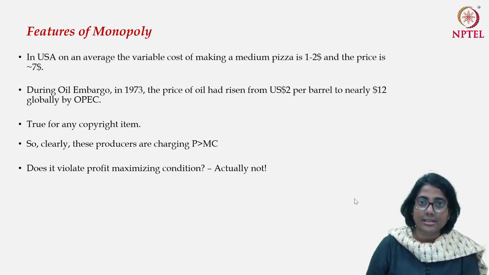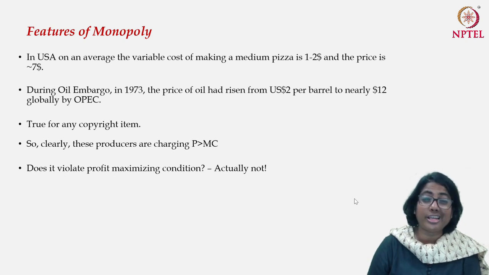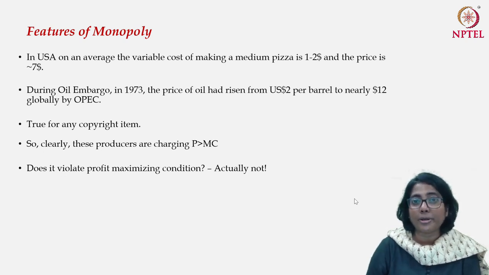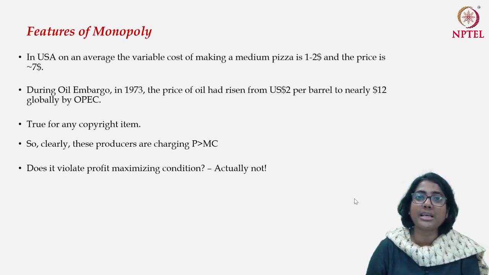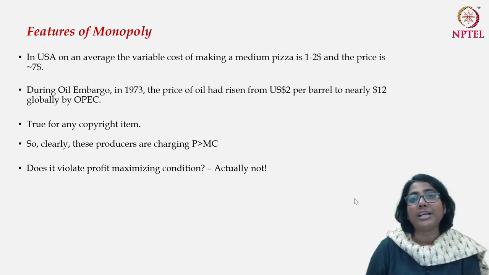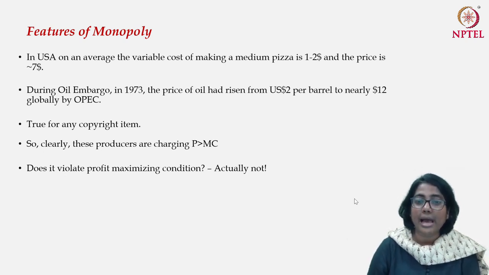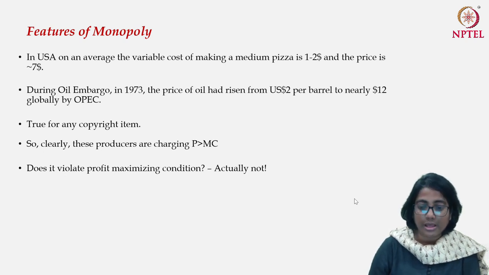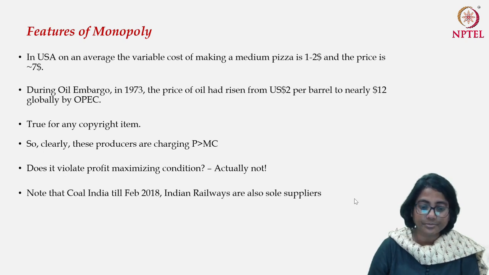So is it the case that monopolists are deviating from profit maximization by charging a price which is higher than the marginal cost? And the answer is no. We'll explore why it is happening.